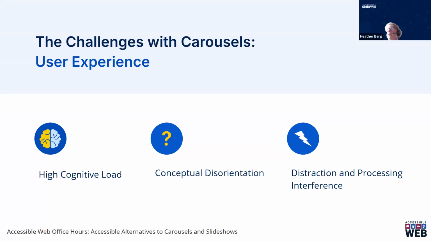Second challenge can be conceptual disorientation. And so the idea of a horizontal track with items moving in and out of view is an inherently visual experience, and it can feel quite abstract or disorienting to someone without vision.